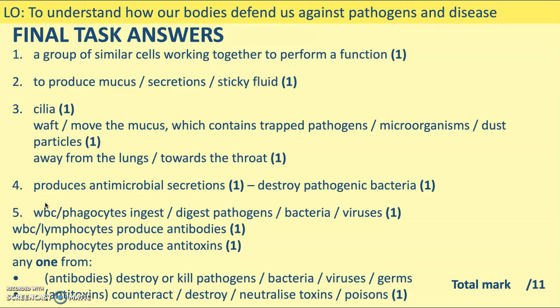That will get you 1 mark. Your other mark would come from saying that white blood cells or lymphocytes produce antibodies. Another mark for antitoxins. And then for your final mark, you can have either of these. So antibodies destroy or kill pathogens, bacteria, viruses, germs. Antitoxins counteract, destroy or neutralise toxins or poisons. And that would give you your final mark.